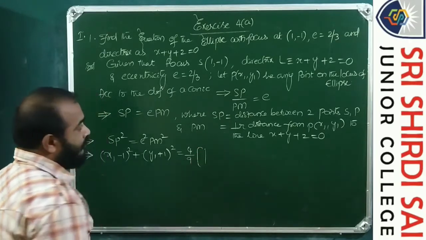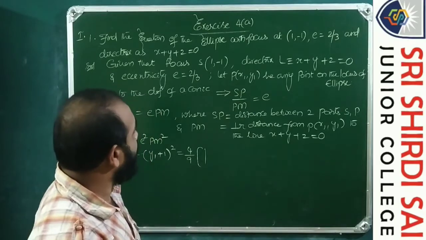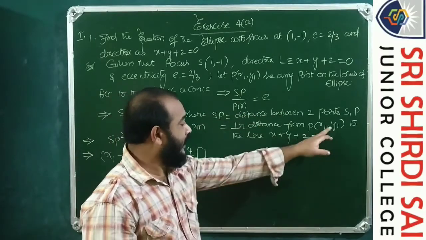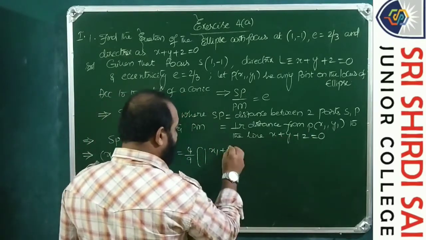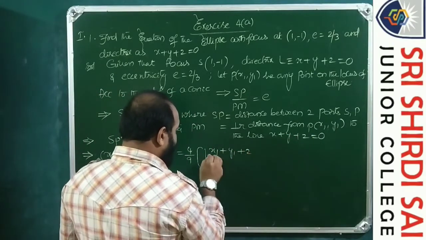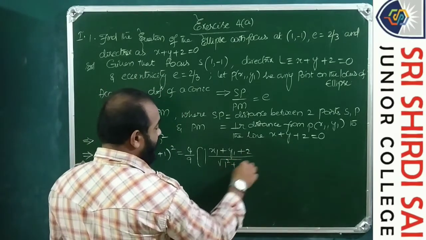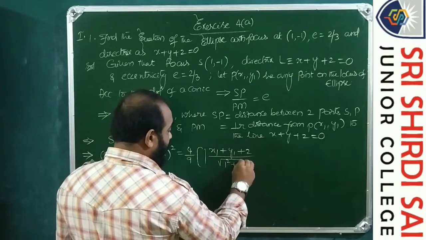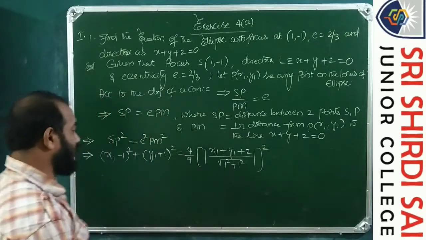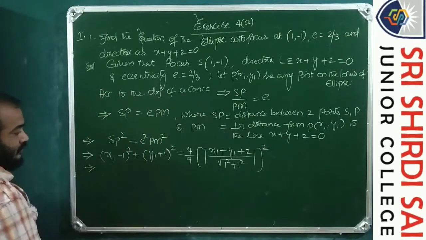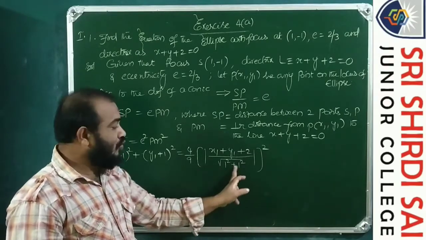PM is the perpendicular distance from the point P(x1, y1) to this line, so it is |x1 + y1 + 2| by the square root of 1 square plus 1 square, whole square. This is 1 plus 1, root 2 whole square is 2.